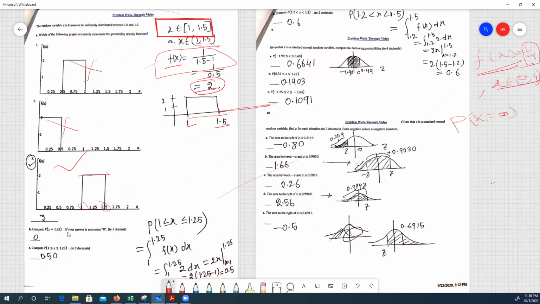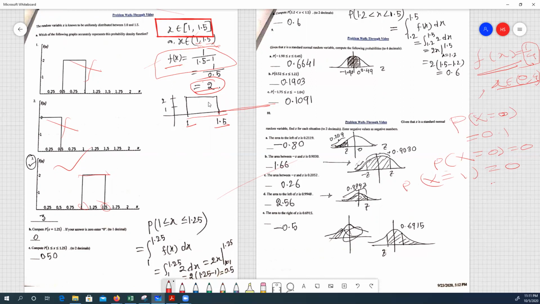Suppose for x equals 0 you can have some probability, say 0.1. But for the continuous case, for a single number, for example x equals 0, it will always be 0. If you find the probability of x equals 1, this will also be 0. For an exact value of x, the probability is always 0.